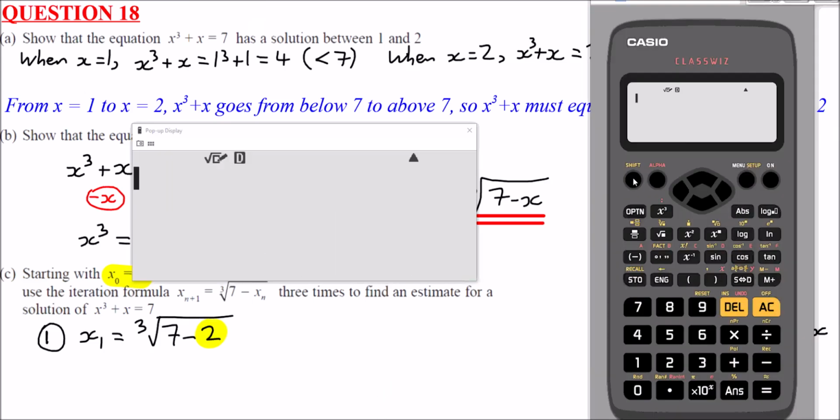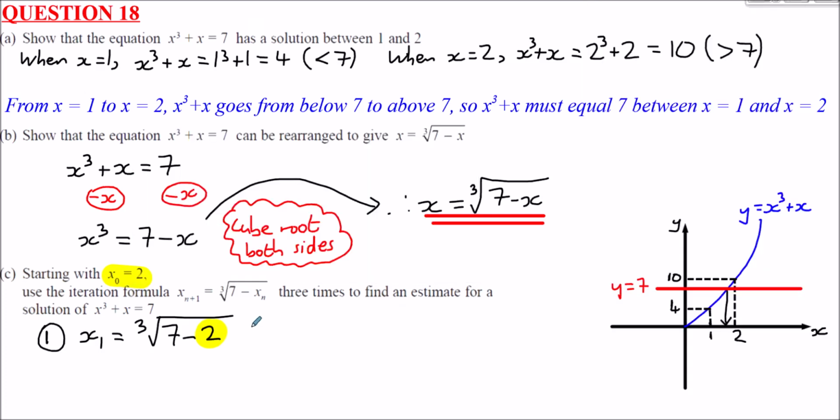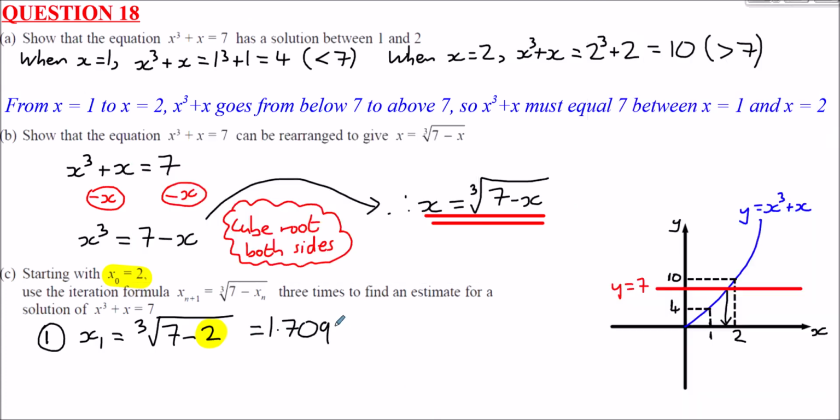So if we do shift, then this power button, but we type in 3, in fact you could use this button as well, I suppose, then 7 subtract 2, that gives us 1.709975 and so on and so on. 1.709975947. So we've just worked out what x1 is.